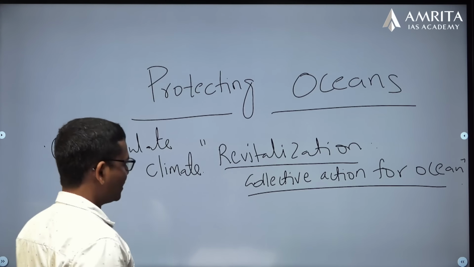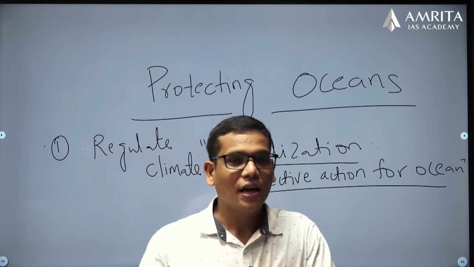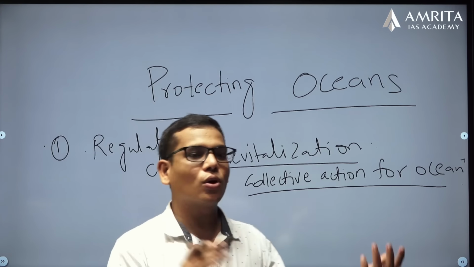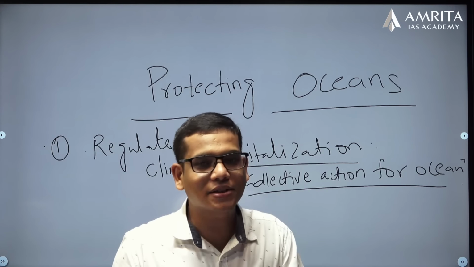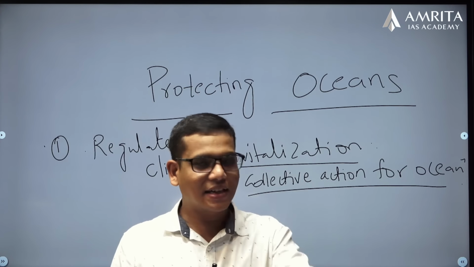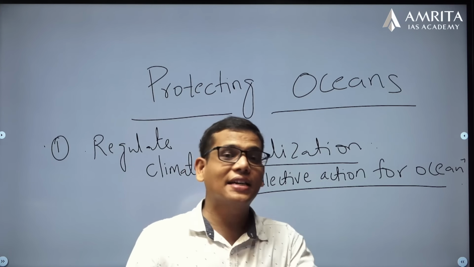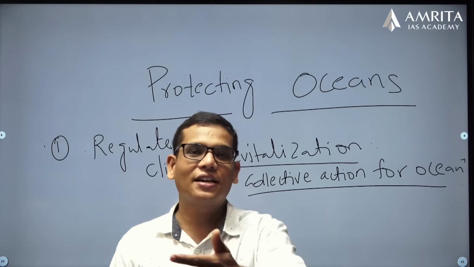In geography, in climatology and oceanography, you can understand how these oceans certainly influence the climate of the whole globe. Why rain happens somewhere, why there is a drought condition, why there is a monsoon, why there is a retreat of monsoon, why there are westerly winds.